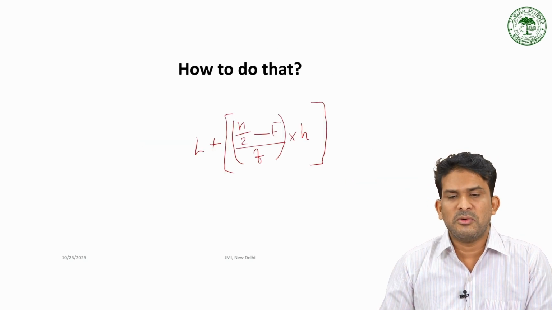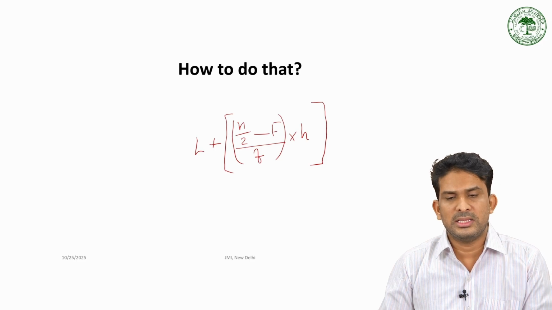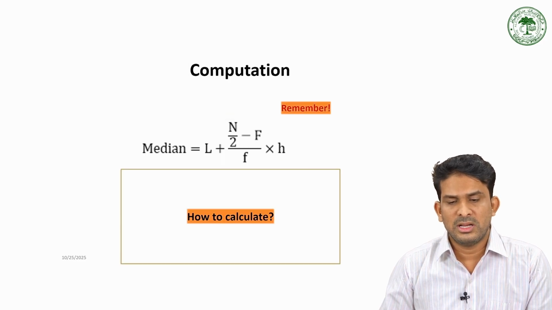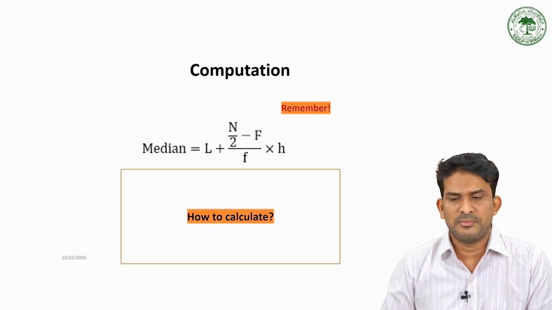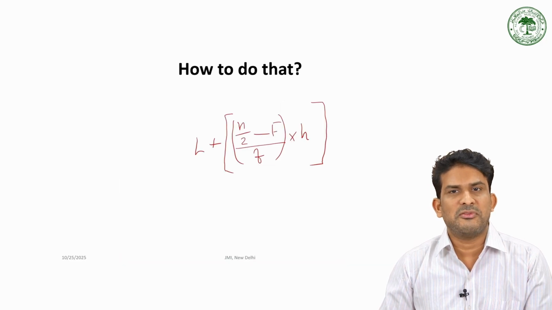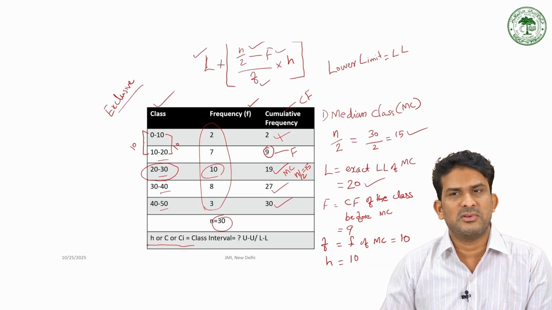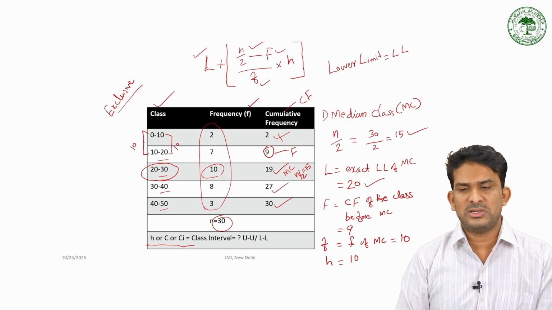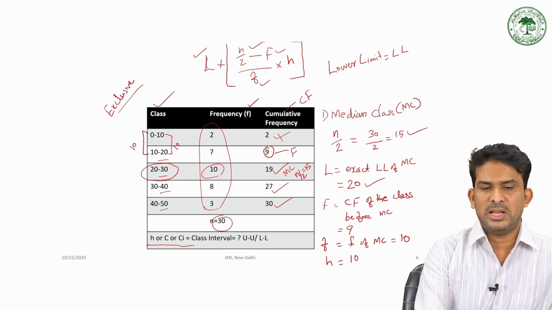Now we are moving to the equation again. This is the equation we got, and now we have to calculate. Once again, all the values are known. Let me write it here.